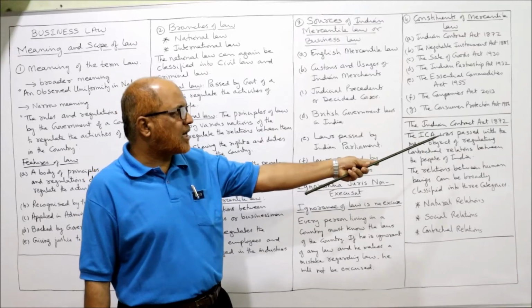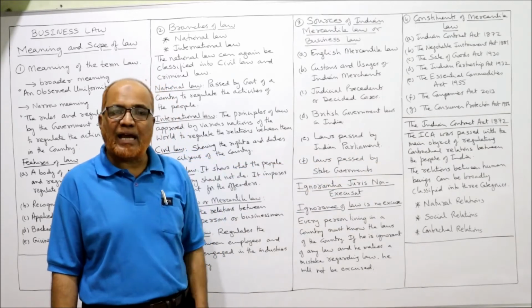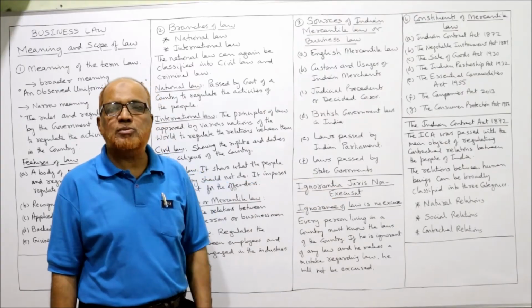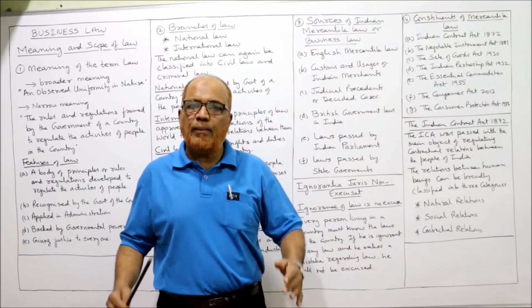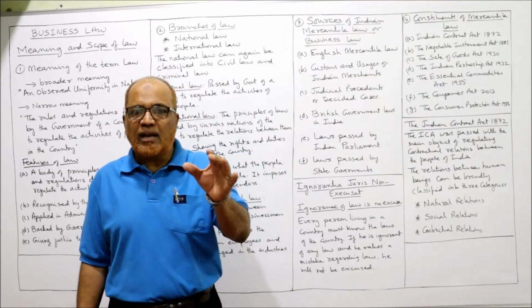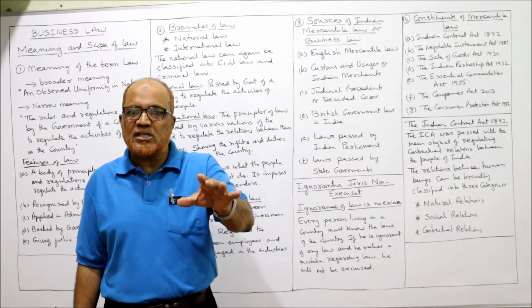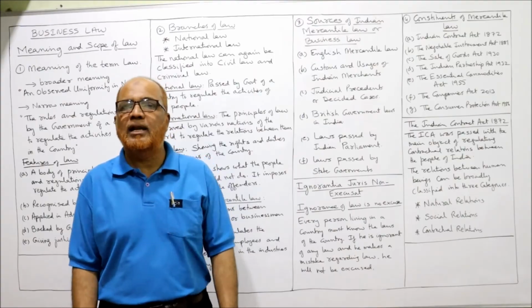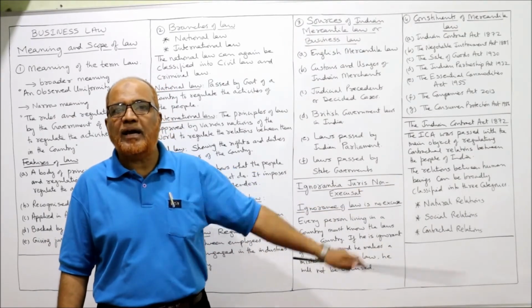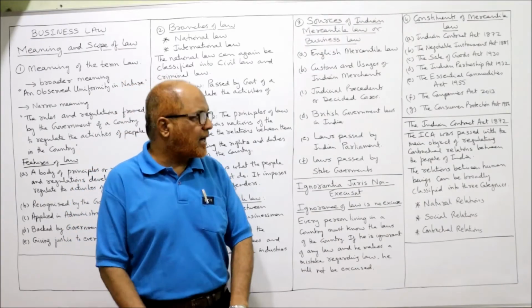The Indian Contract Act was passed with the object of regulating the contractual relations between the people in India. When a person enters into a contract, the relationship of persons entering into contractual relationship will be governed by the Indian Contract Act.